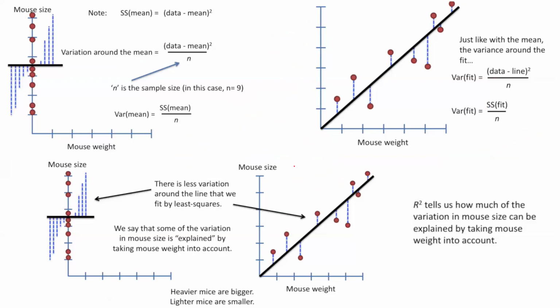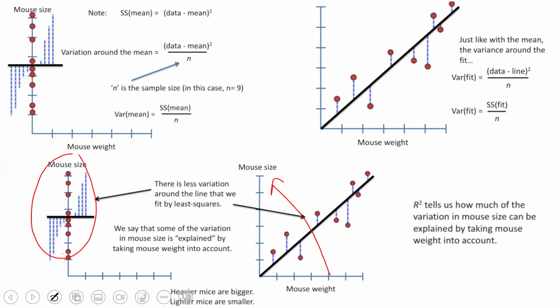So no more do we rely on variances, because the data points are the same for everything. If you look at this, there is less variation around the line that we fit by least squares. So the mouse weight relationship explains some variance in this data, right?